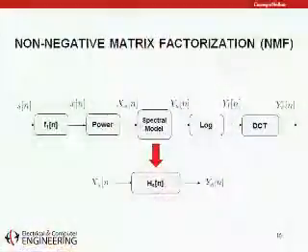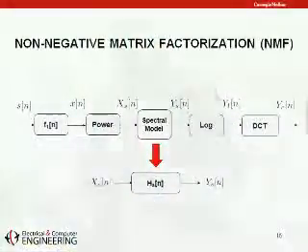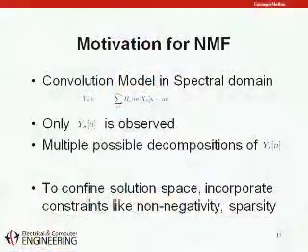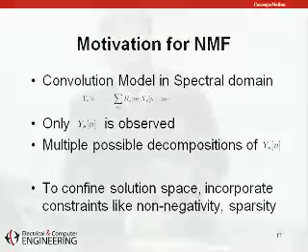Okay, so the NMF also works on a similar framework to what I talked about, but instead of working in the cepstral domain, it works in the spectral domain. But again, the model is a convolution in the spectral domain. So again, notice that what we get is the capital Y sequences. We don't know the capital H or the capital X sequences, and we have to split them into terms.